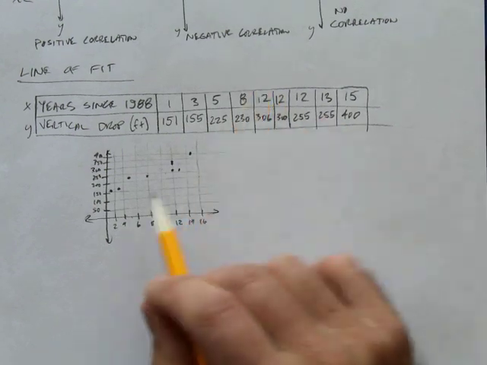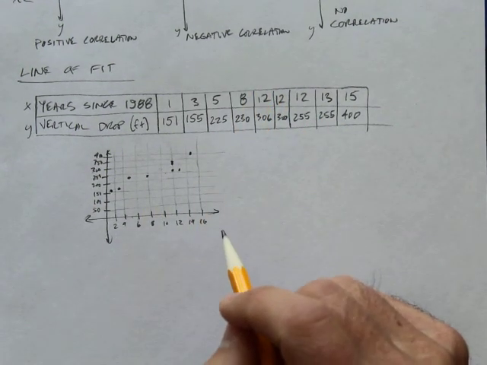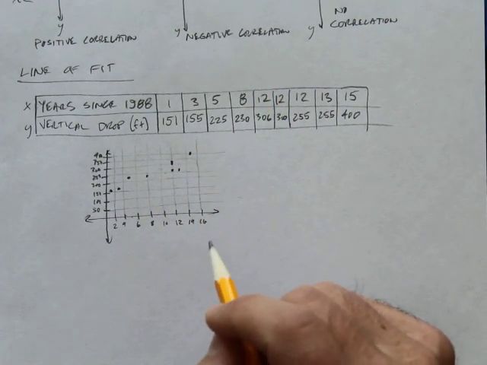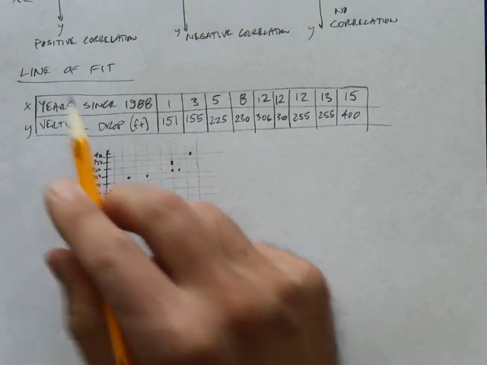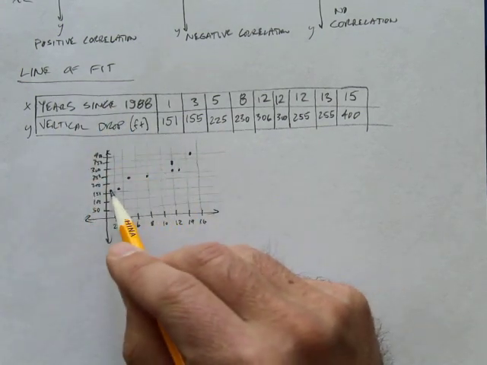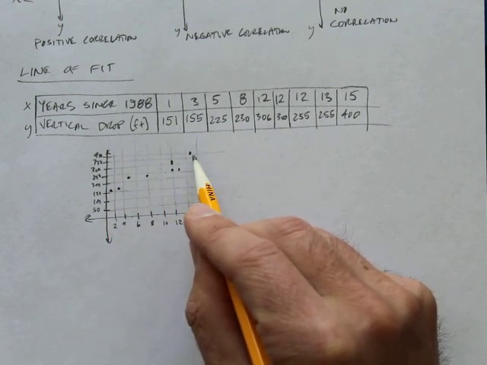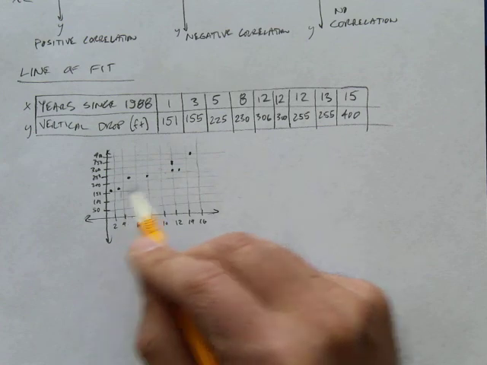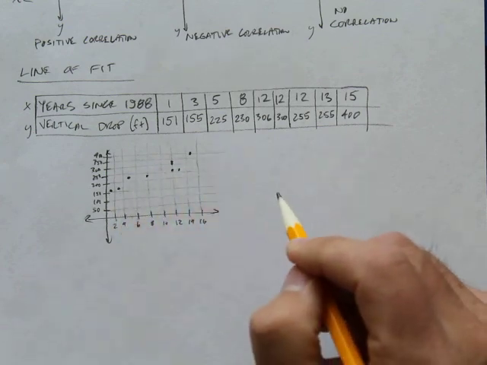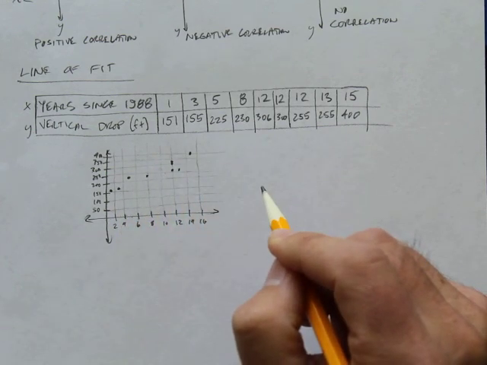All right, so I've got a positive correlation. And now I want a line of fit. So I'm going to choose 2 points, and I'm going to write an equation for the line that I feel like is the best line of fit here.